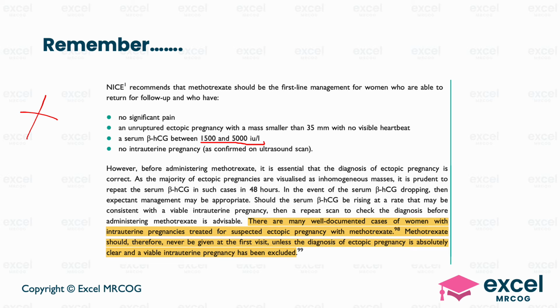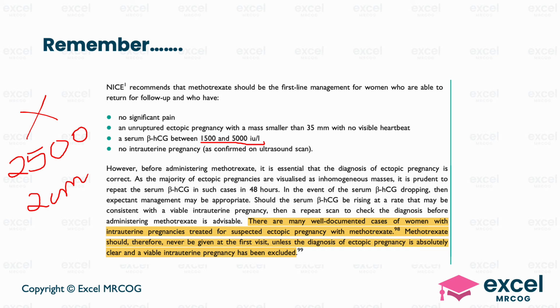For example, if your beta HCG at 0 hours is, say, 2,500, she has an inhomogeneous mass in the adnexa, which is around 2 centimeters in size. So it falls well within the range of the criteria for medical management. There is no pain and no intrauterine pregnancy which is identified. So all the criteria for medical management are fulfilled.